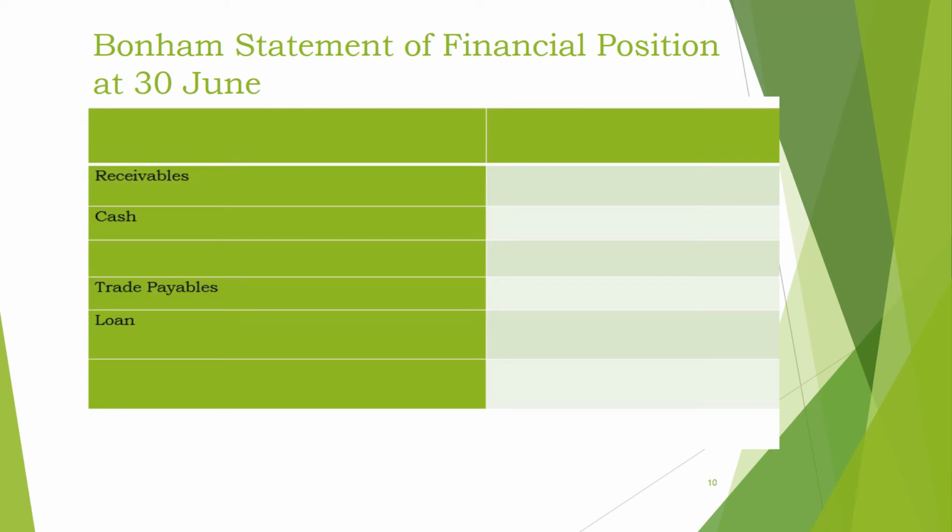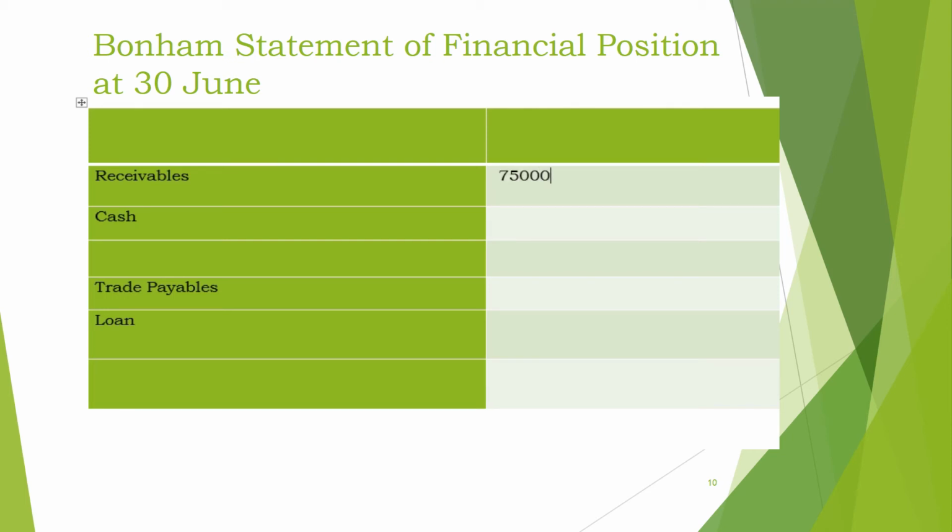And so the final stage now is to fill in the statement of financial position, which is the balance sheet. I called it the balance sheet at the start of these lectures, but the correct technical term now is statement of financial position, but the two things are exactly the same. In the first section, we have our receivables.